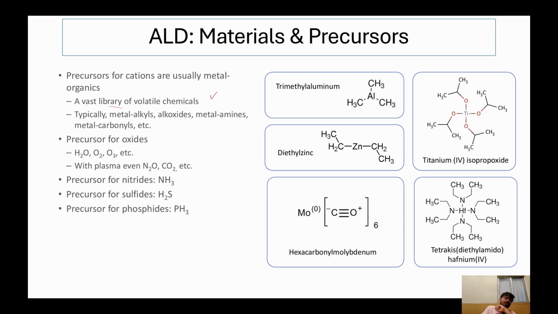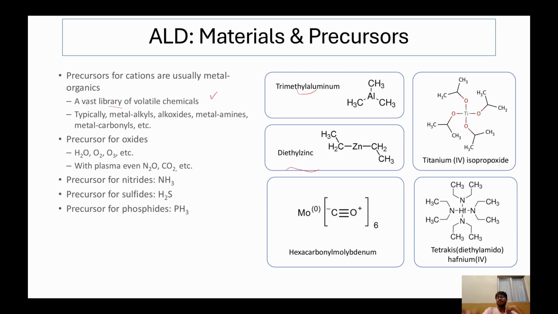Okay, so of the two precursors, one is the precursor containing the material that we would like to deposit. That can be an organometallic complex, or some halide like a chloride precursor. Like AlCl3, which is a chloride precursor, and trimethyl aluminum, which is an organometallic precursor.